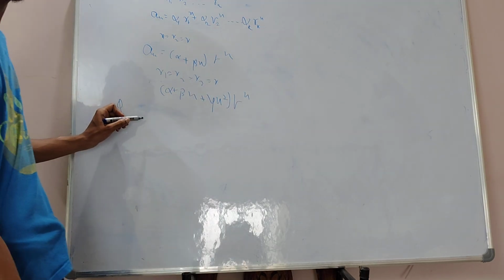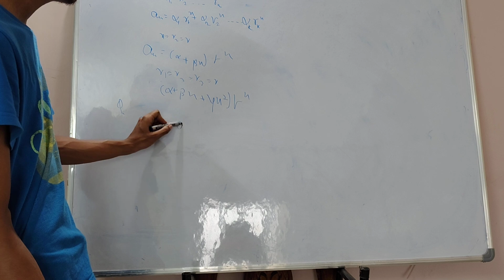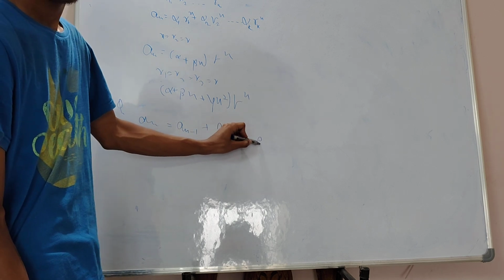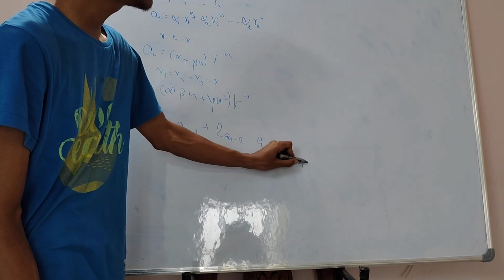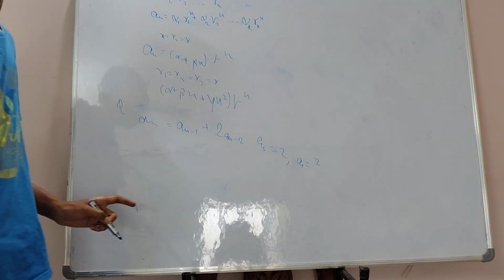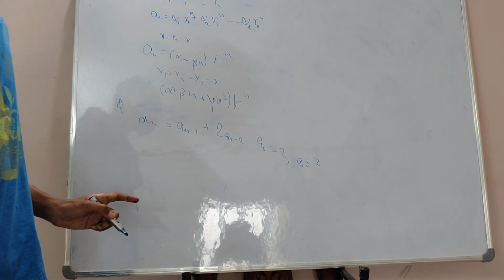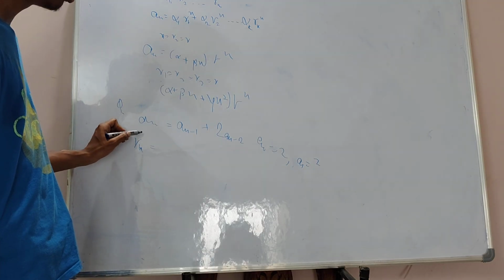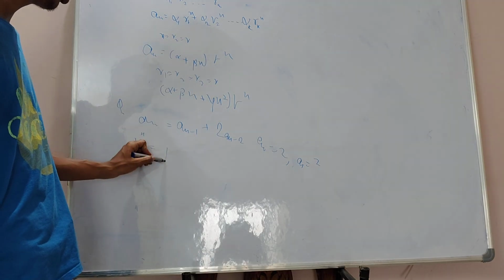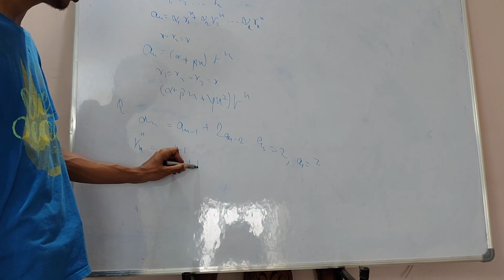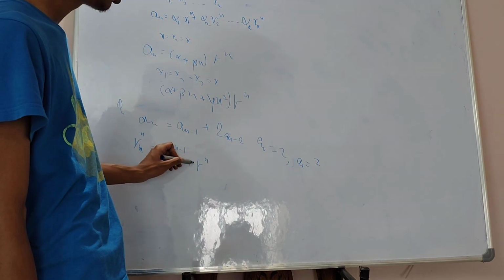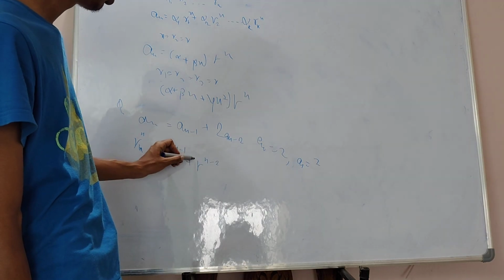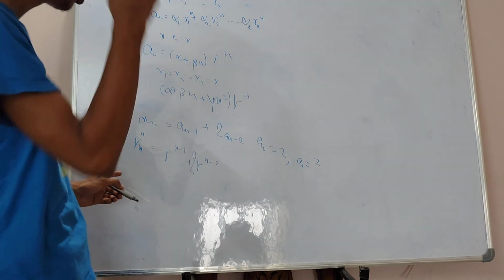Suppose I am given a_n is equal to a_(n-1) plus 2 a_(n-2), a0 is equal to 2, a1 is equal to 7. So what I will do, right, I will write this as r to the power n is equal to r to the power n minus 1 plus 2 r to the power n minus 2, right.